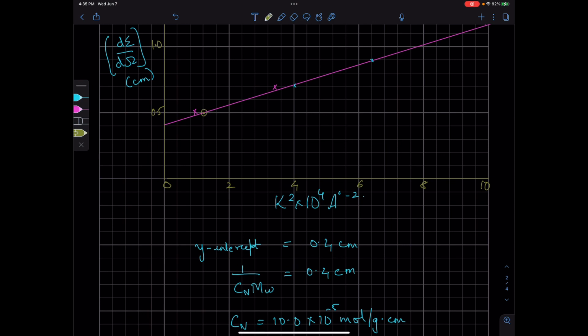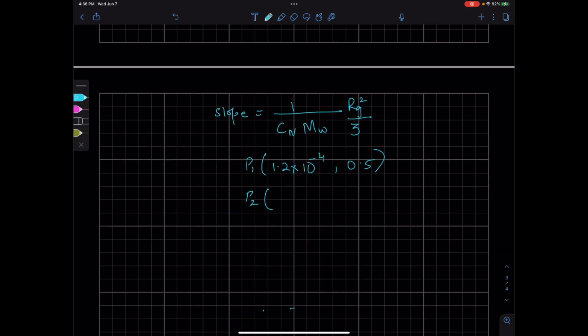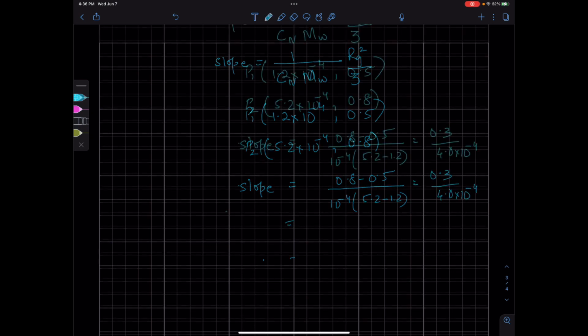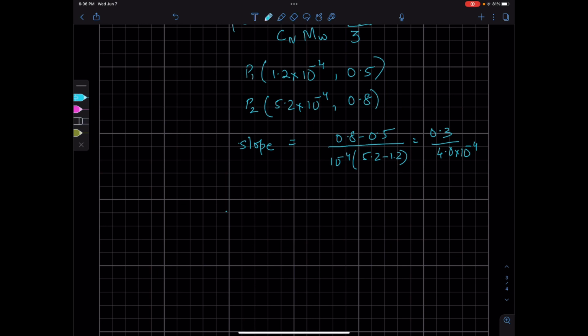The other point, 5.2 times 10 to the negative 4 and 0.8. So the slope is equal to 750 centimeter angstrom squared. So that's the slope.